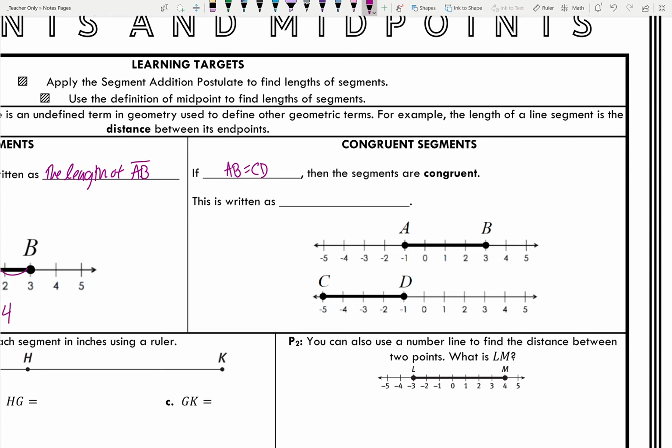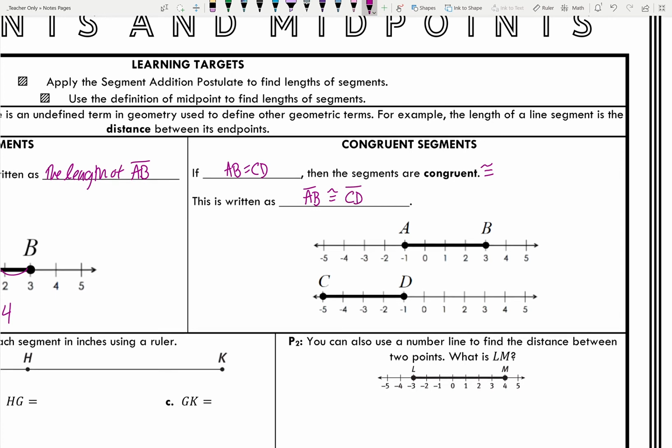So there's a special way we write congruent. It looks very similar to an equal sign, but instead of an equal sign, we put an equal with a squiggly thing on top. They call that a tilde. But I call it equal squiggly, but it means congruent. So to write this in terms of segments, we write it as segment AB is congruent to segment CD.